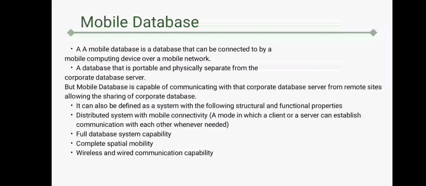A mobile database is capable of communicating with the corporate database server from a remote site, allowing sharing of the corporate database. It can also be defined as a system with the following structure and functional properties. If it is a distributed system with specific functionalities, then yes, it can also be shared with, or communicate with, the corporate database.